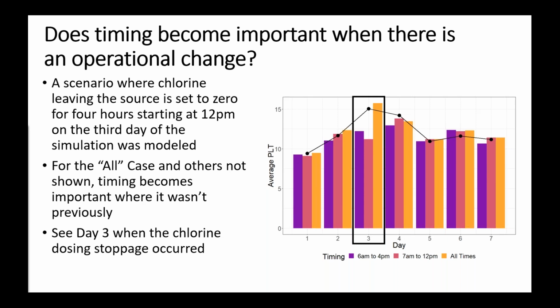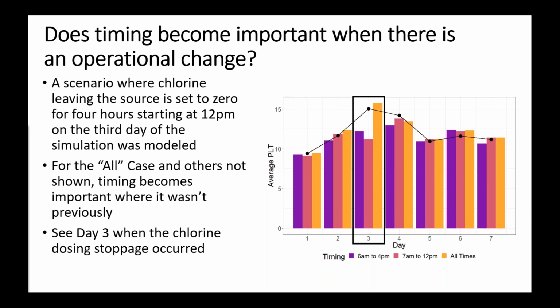In the scenario that I used, I have the chlorine leaving the source set to 0 for 4 hours starting at noon on the third day of the simulation. And the thought process behind this is maybe there's some sort of malfunction in equipment at the treatment plant or facility that could cause some sort of problem. So that's a pretty significant operational change.